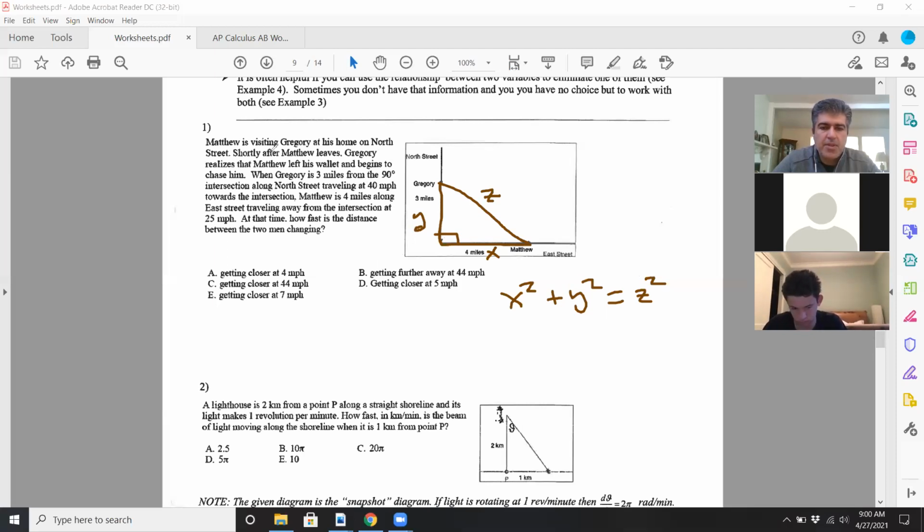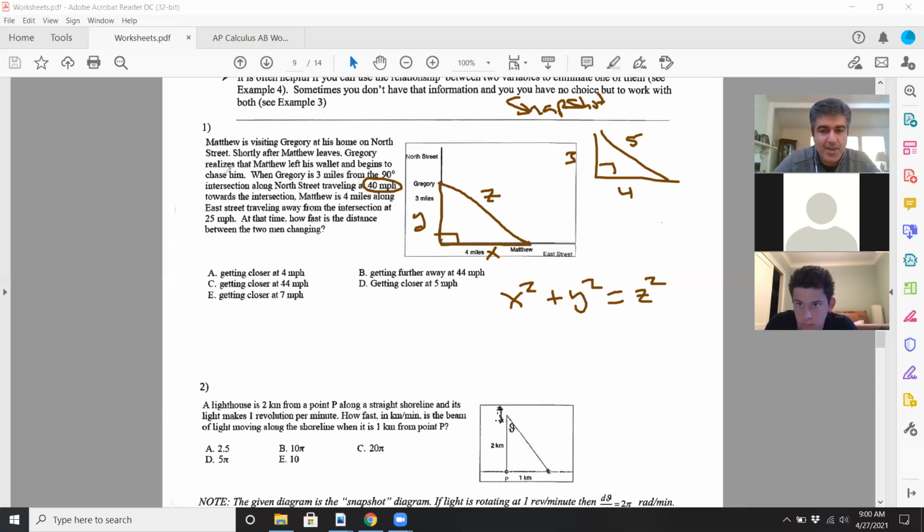And also I'm going to do something called a snapshot. I'm going to do another diagram. I call this a snapshot because we want the speed at a particular moment, the speed at which the distance between them is changing. At the moment when Matthew is 4 and Gregory is 3, therefore z is 5. Okay, so we know this. Also, the rates are given. So Gregory is traveling 40 miles per hour, and he's actually losing distance, by the way, right?